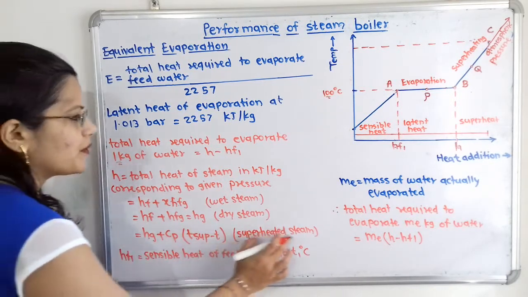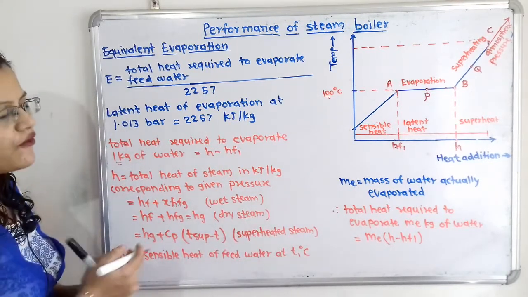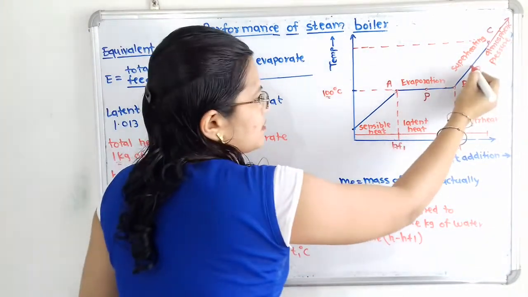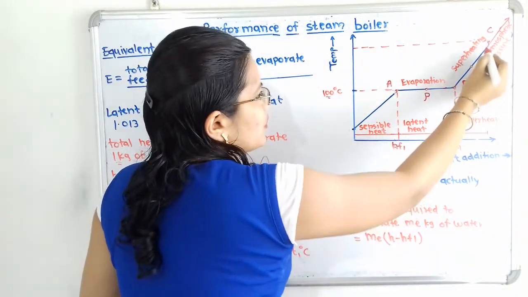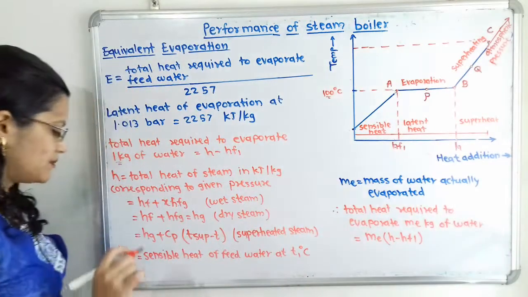Then for superheated steam, that is when suppose there is the point Q, how will we find this out?